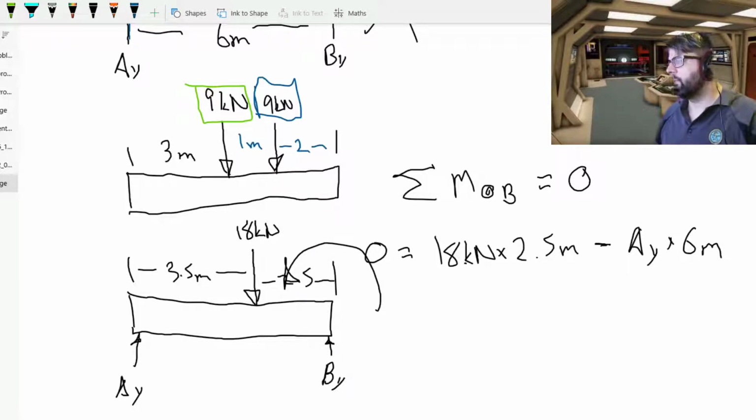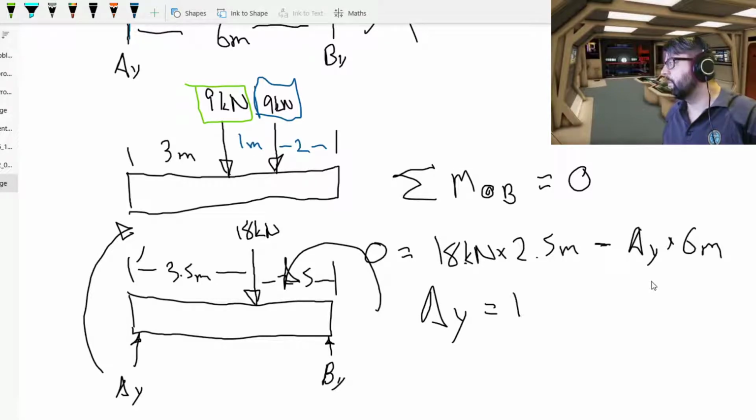That is counteracting the positive moment, so it's applying a clockwise rotation, which is our negative moment. So we subtract that value.